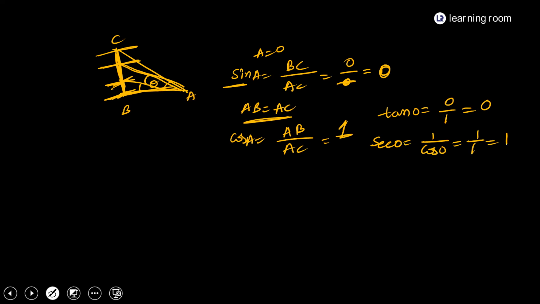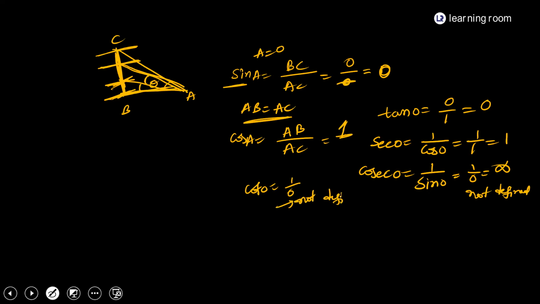What about cosecant 0? 1 by sin 0. 1 by 0 is infinite. We can't define it. 1 by 0 is an infinite value, which is not defined. Cot 0 also: 1 by tan 0 is 1 by 0 again. So it is not defined again.